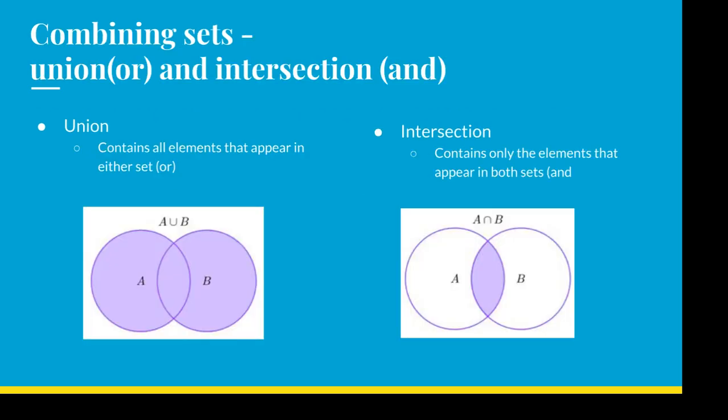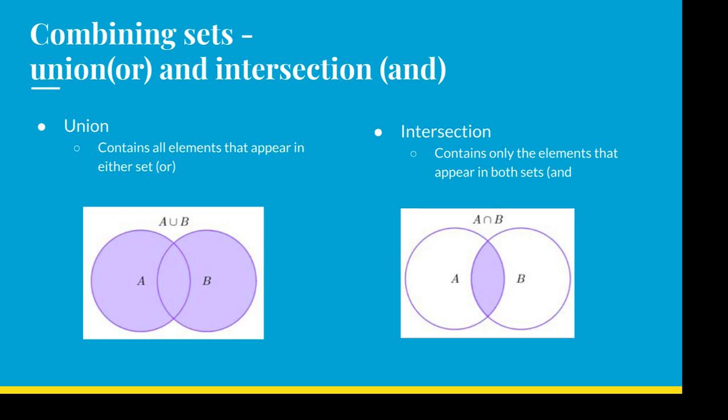So we can combine sets, and this is going to be really reminiscent of Boolean logic and combinations, because it's the same thing really. So a union, what kind of Boolean operation is that like? Yeah, exactly. It's an OR. So a union contains all the elements that appear in either set, right?